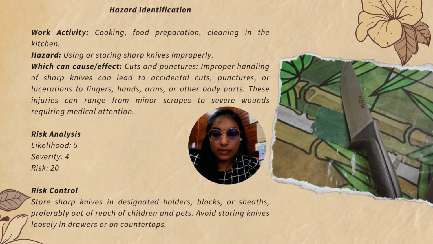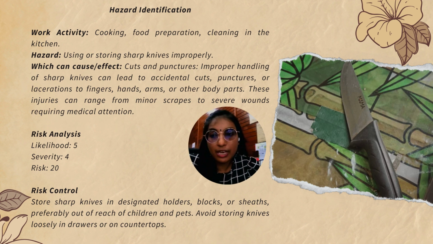Next, the asset will be using or storing sharp knives improperly. Cut and puncture: improper handling of sharp knives can lead to accidental cuts, punctures, or lacerations of fingers, hands, arms, or other body parts. These injuries can range from minor scrapes to severe wounds requiring medical attention.